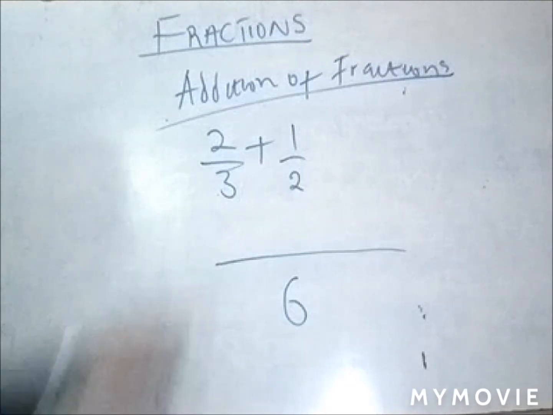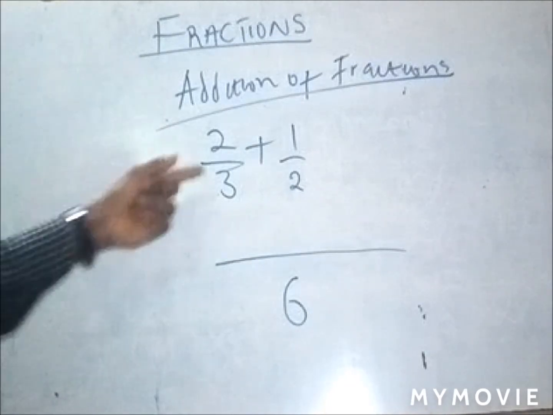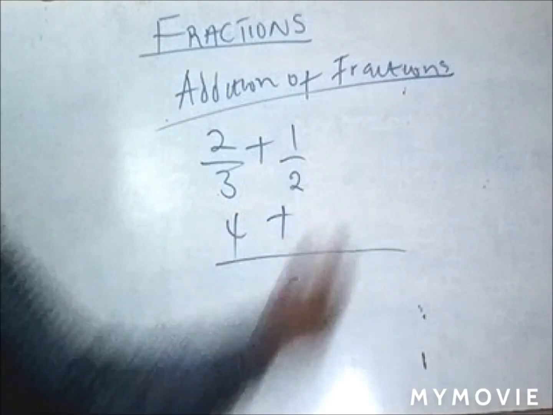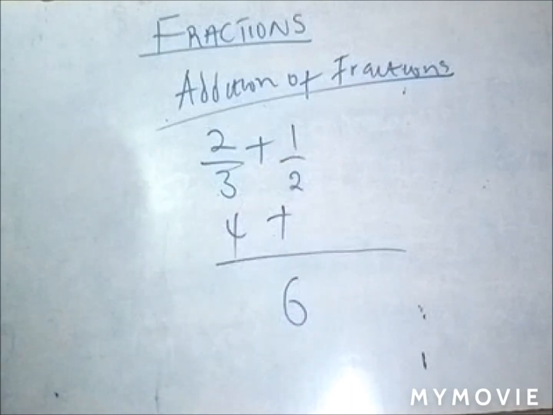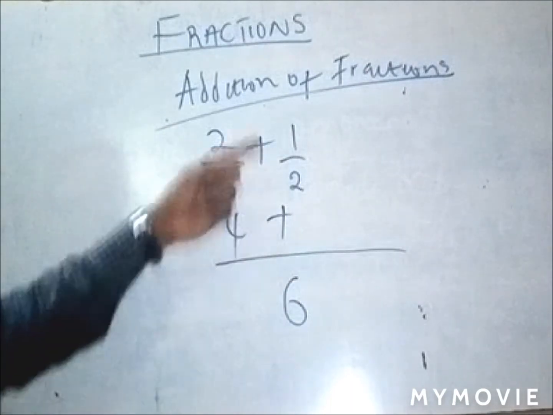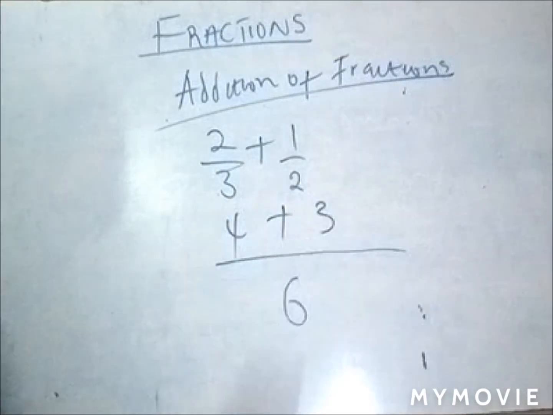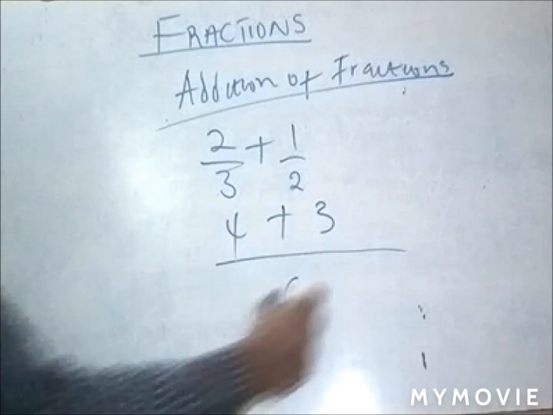So 6 divided by 3 is 2, and 2 times 2 is 4. Put 4 down here, we put the positive sign, and 6 divided by 2 times 1. We have 3 times 1, that is 3.